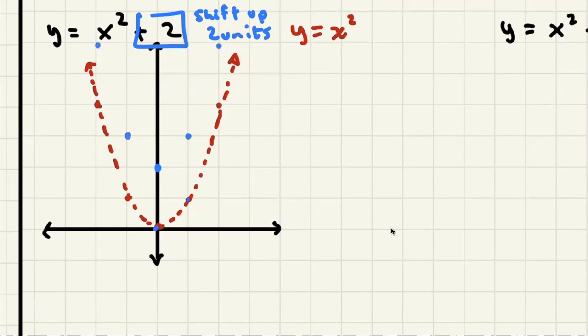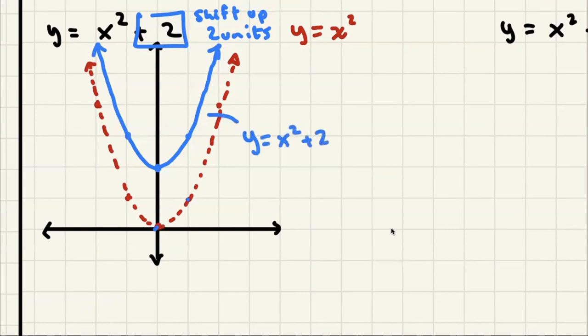So our actual graph is going to be this one right here. This one is y equals x squared plus 2. And all we did was shift all our original points up by 2. All our y values go up by 2.